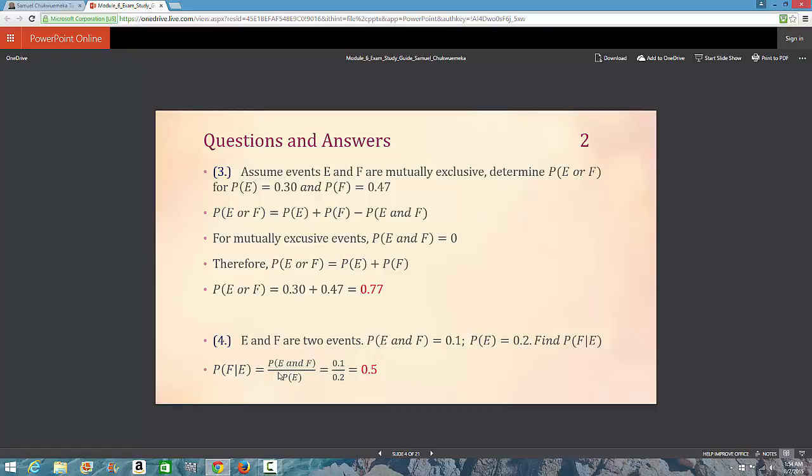So some students get confused on this formula, especially at the denominator, whether they will write F or E here. Okay, this is the way to know it.